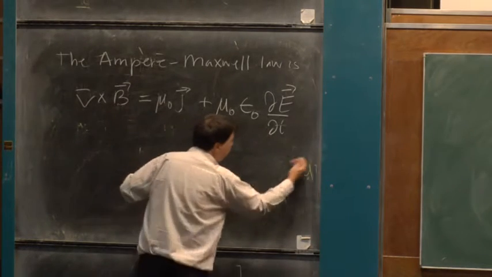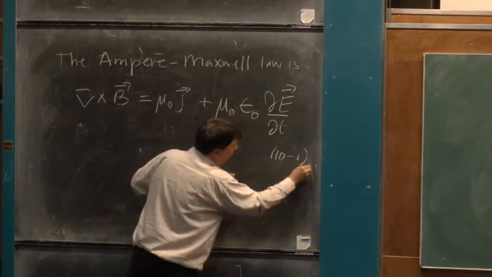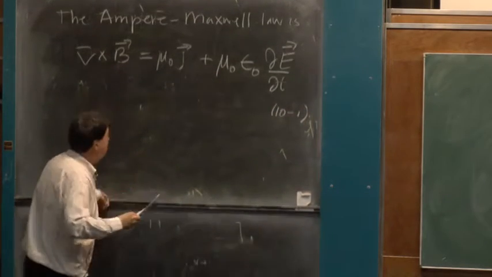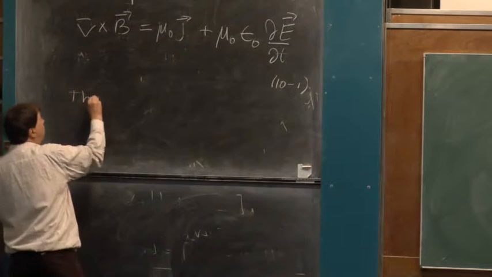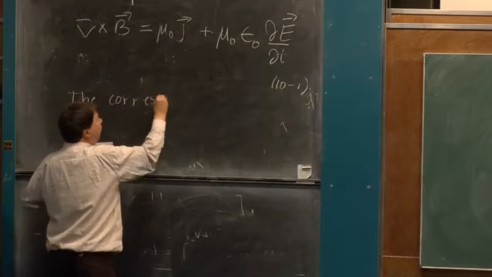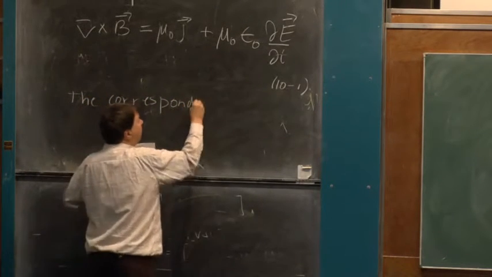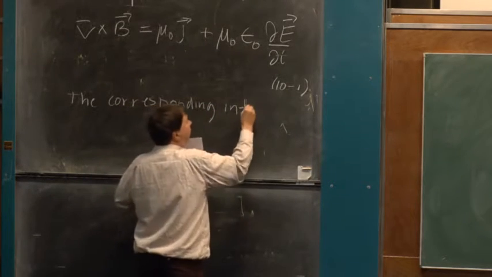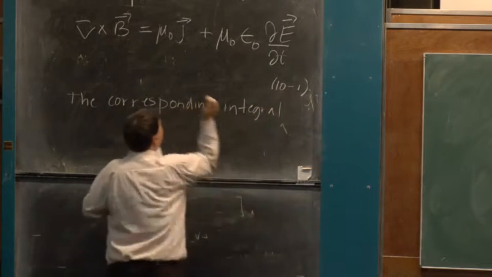And that's the whole point: this equation now automatically fulfills charge conservation. So we had this towards the end of the last lecture, but let's make it 10.1, and the corresponding integral form, we'll keep this on the side here.